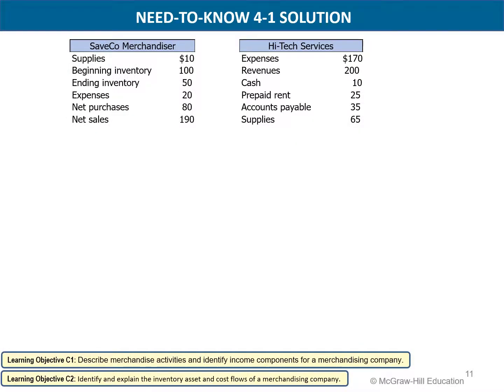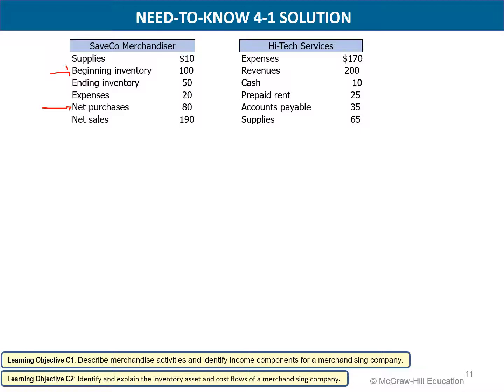All right, so the first one we were asked to compute was the merchandise available for sale, or goods available for sale, right? So in a slide a little while ago, we said that goods available for sale was equal to beginning inventory plus purchases, right?